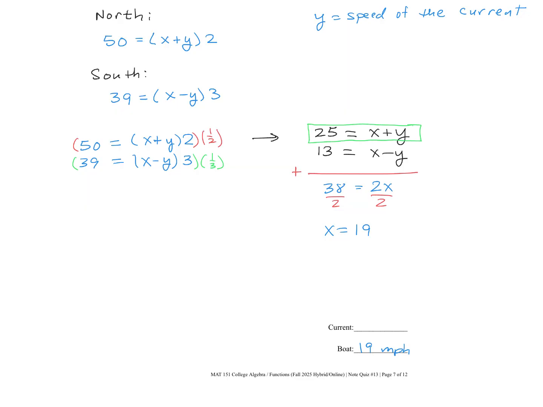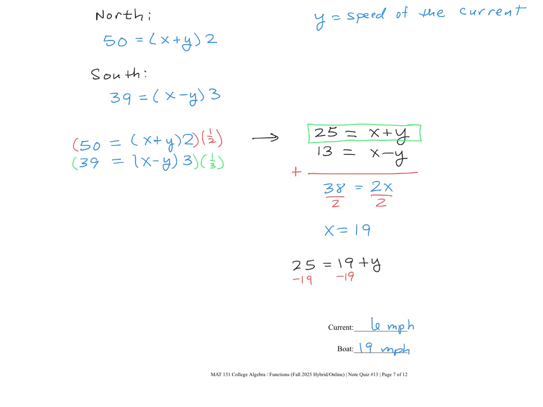If I know that 25 must equal the x number, which is 19, plus the y, I can just subtract 19 from both sides, and I get 6 miles per hour for my current.